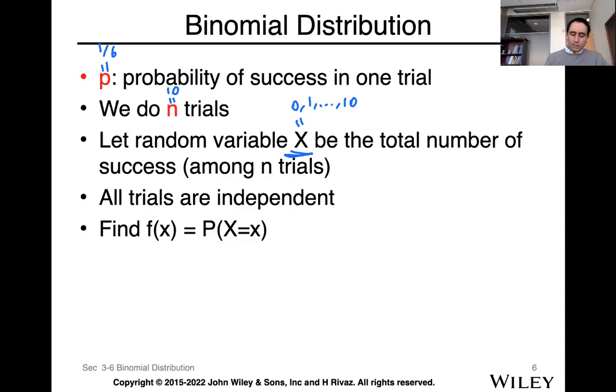And the goal is to find f of x. So the goal is to find out the probability of getting 2 sixes, or the probability of getting 3 sixes, or the probability of getting 10 sixes. We can clearly see that these probabilities are not equal, because just from intuition, we know that f of 10 is very small. That means that getting 10 sixes in this experiment is an unlikely outcome.